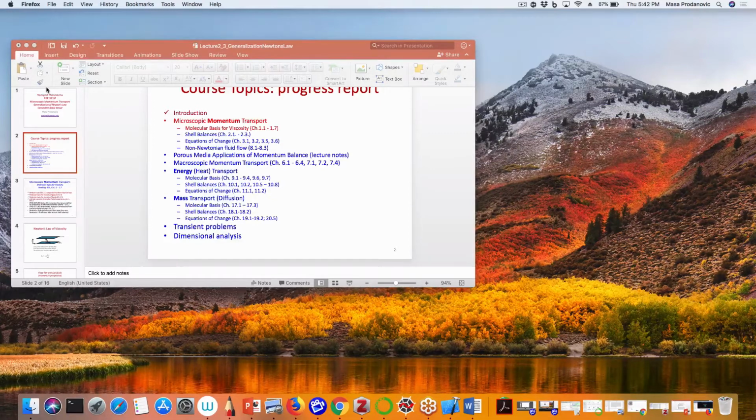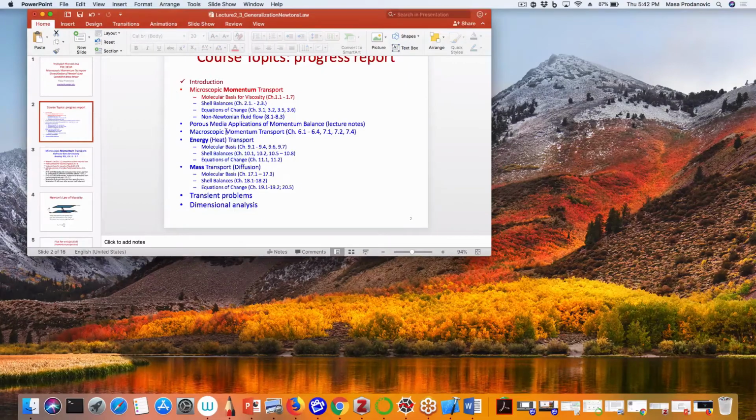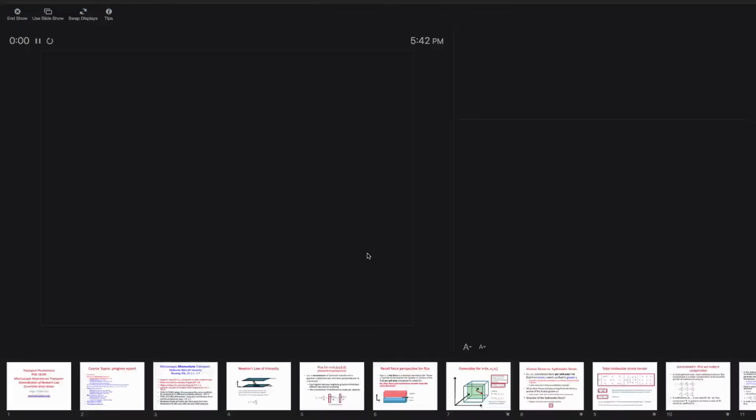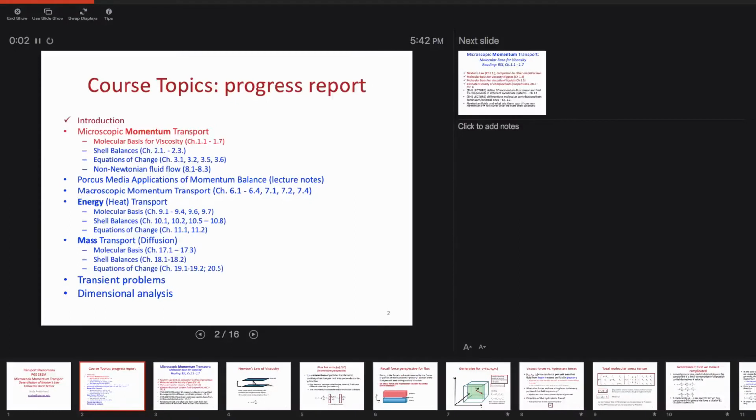So again, don't get frustrated with a lot of cryptic symbols as we go along. So without further ado, let's start generalizing. This is just to tell you where we basically are, still going through chapter 1. We studied the molecular basis for viscosity, so we call that done.